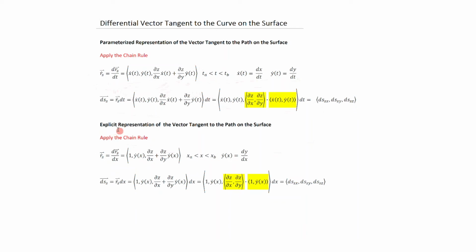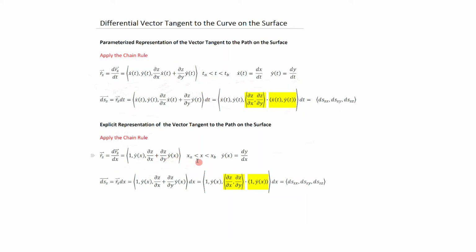If we do an explicit representation of the vector tangent to the path on the surface, then everything is now a function of x. So the tangent vector on the surface is just dr/dx. In this case, we would have 1, dy/dx, and then using the chain rule, dz/dx times dx/dx, which means 1, plus dz/dy times dy/dx, which is the term that you see here.